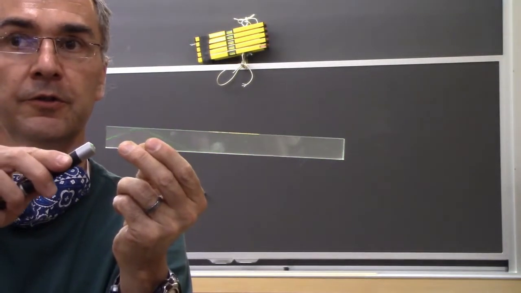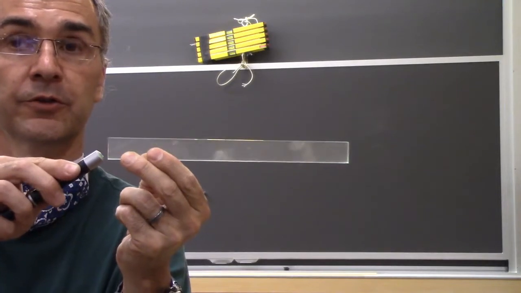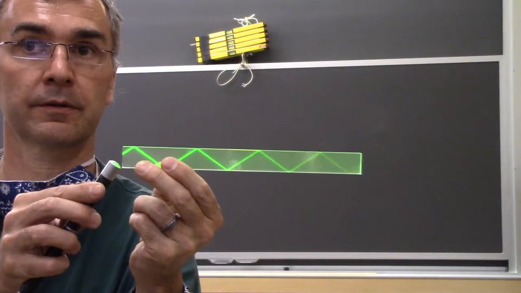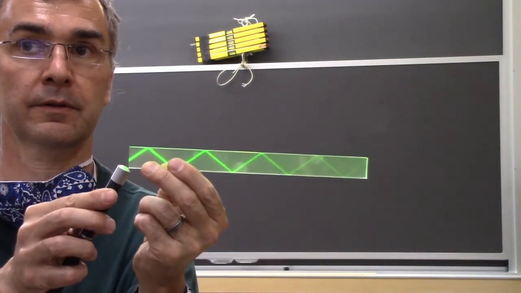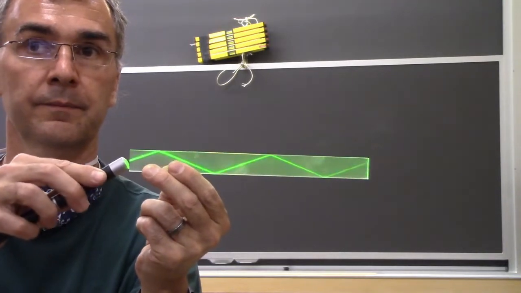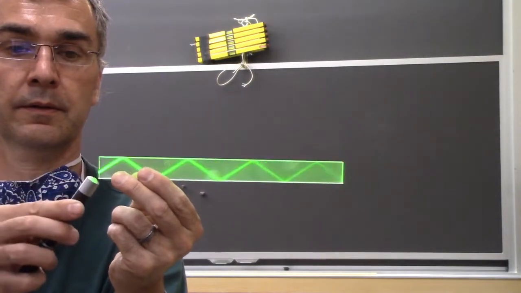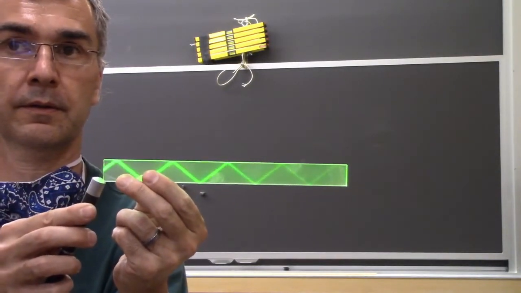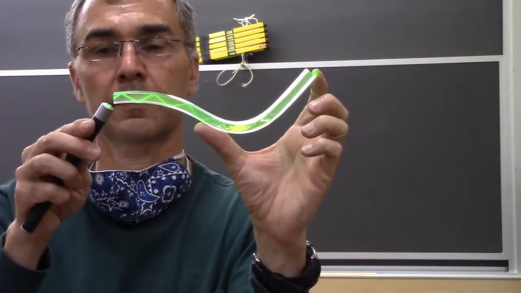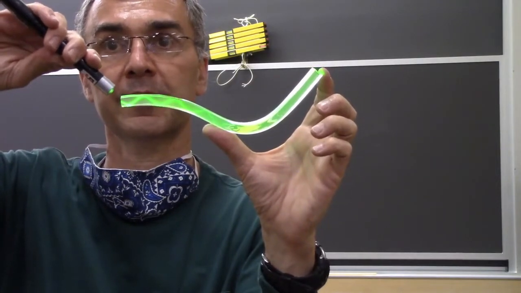So here you can see the laser light trapped inside the glass by total internal reflection. And you can even make light bend around a turn that way.